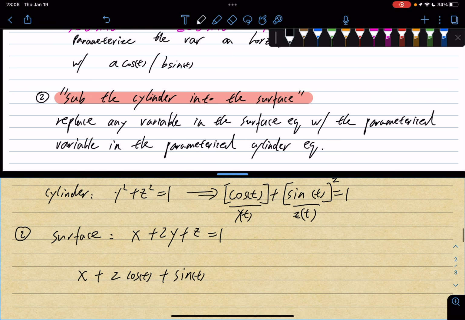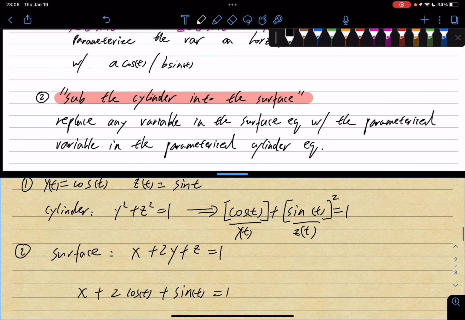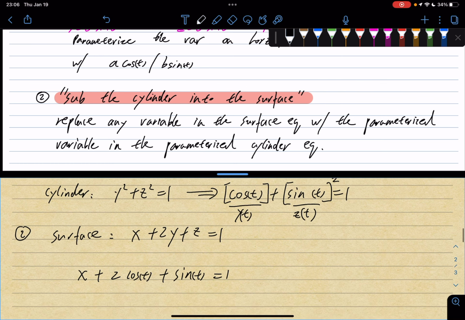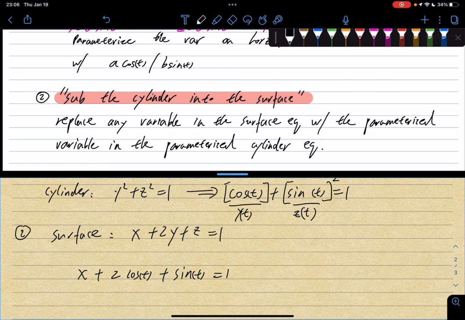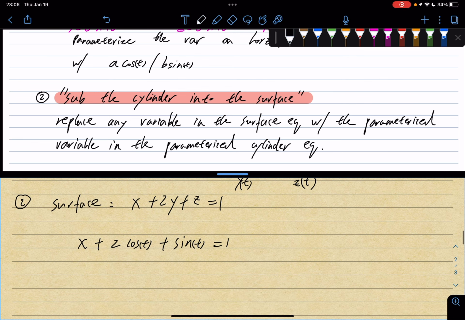This kind of parameterization is slightly different from the subbing I described before. Actually, never mind, it's the same. The idea is very similar. Now we're just going to rearrange the equation we wrote above as x equals 1 minus 2 cosine of t minus sine of t.